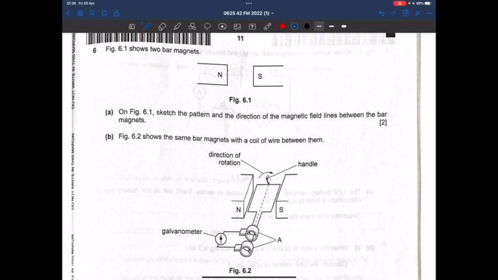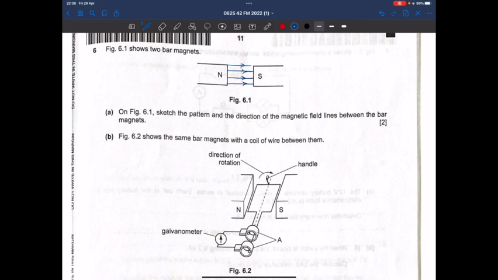It could be a straight line coming from N towards S. Try to make it as straight as possible. And the distance between two successive lines is supposed to be constant, so you can do that. So the distance has a mark, and the direction from N to S has the other mark.